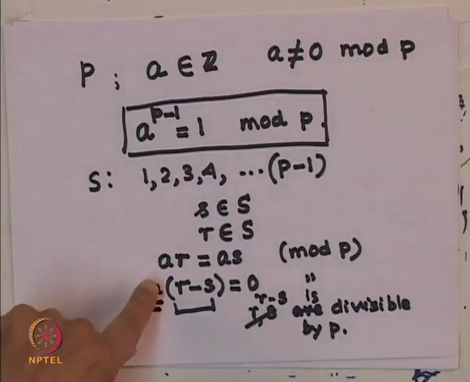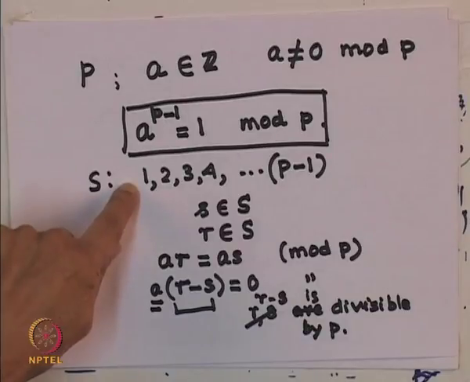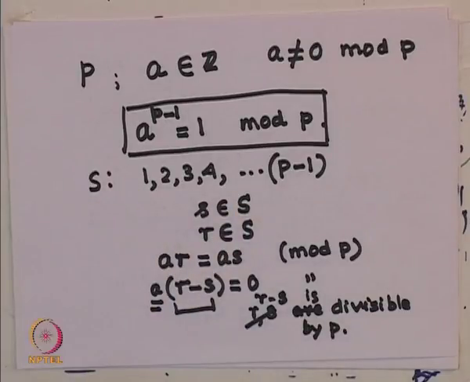So therefore, if you multiply each of these members of this set S by a number a which is not divisible by p, then ar equal to as mod p implies that r is equal to s.